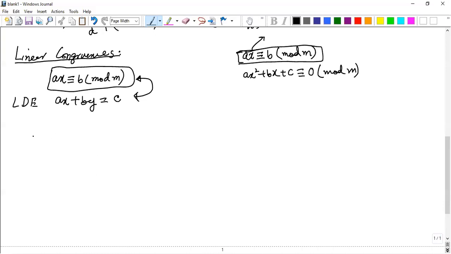Let ax congruent to b modulo m be a linear congruence.